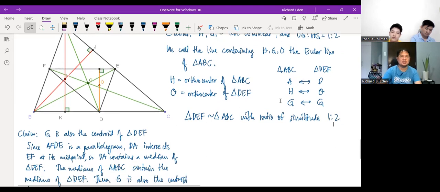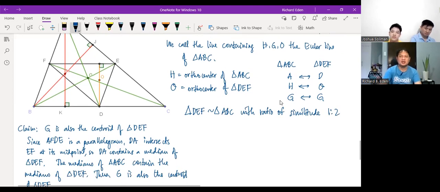So if you compare DO with AH, that's going to be 1/2.